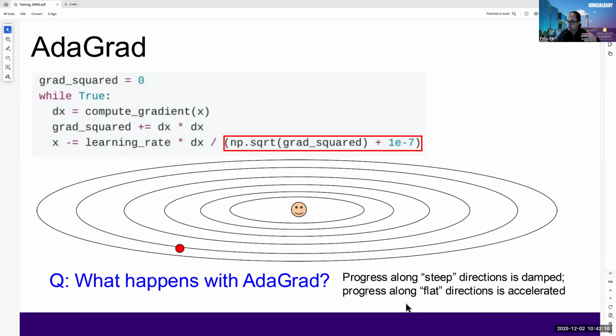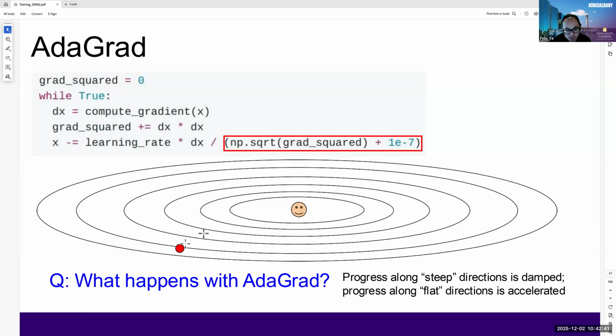If my gradient value is really large in steep directions, then the gradient value will be shrunk by that amount, such that in each direction I want my gradient to have similar scales. This is very important. This is the idea of adaptive gradient and learning rate.